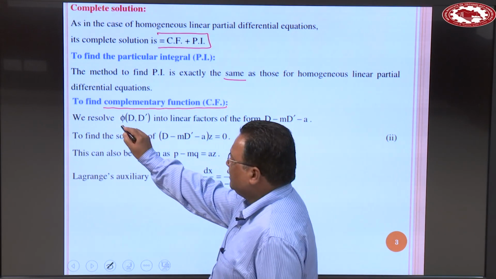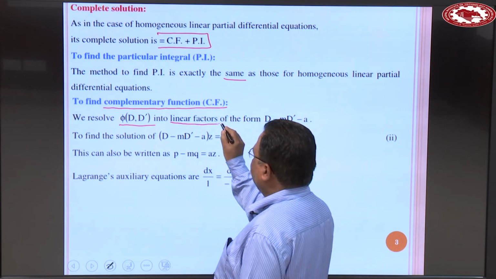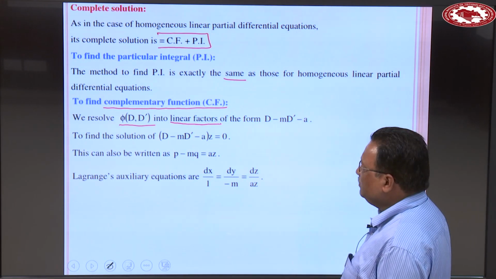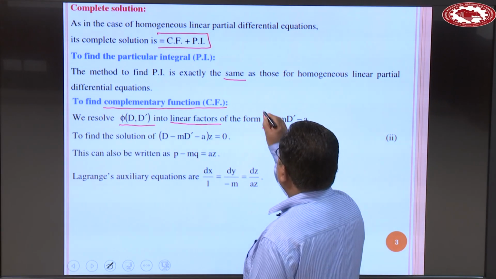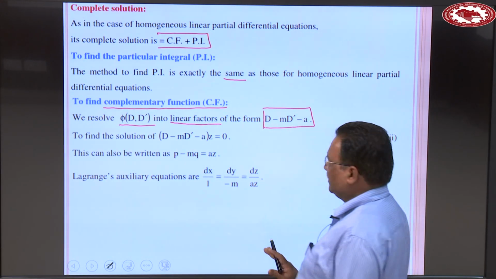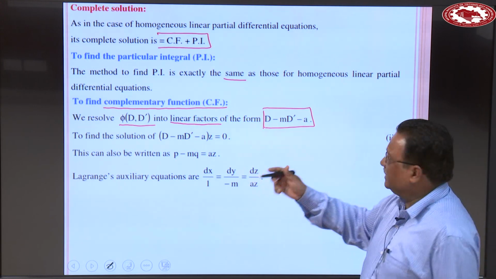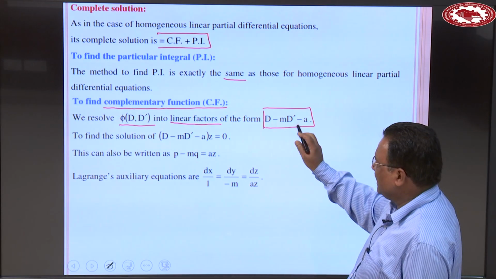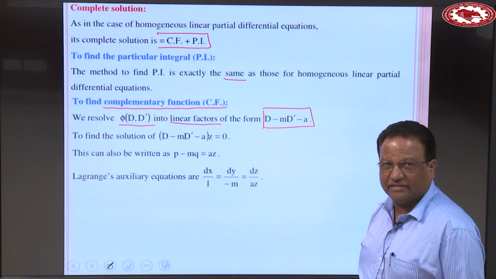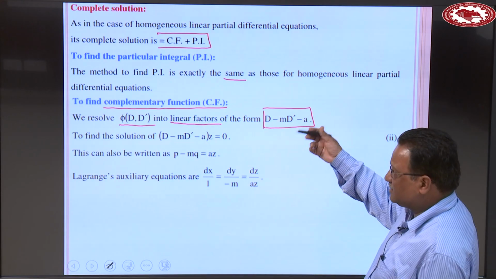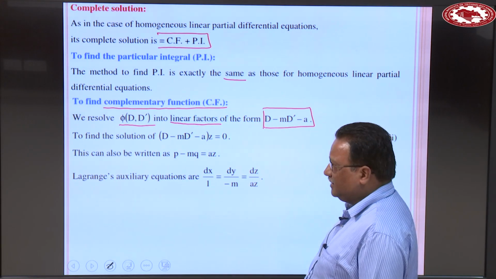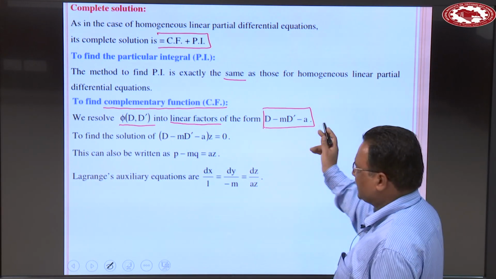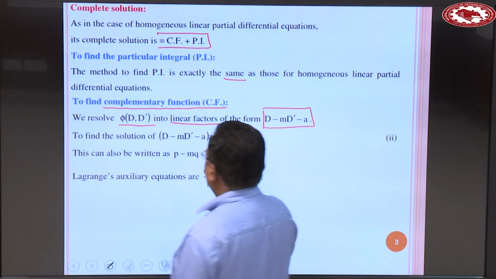Resolve F(D, D') into linear factors of the form (D - mD' - a). If the equation is homogeneous, then here a is 0, and in that case we get the factor D - mD'. But because this is a non-homogeneous linear partial differential equation, we resolve F(D, D') into linear factors of this form.